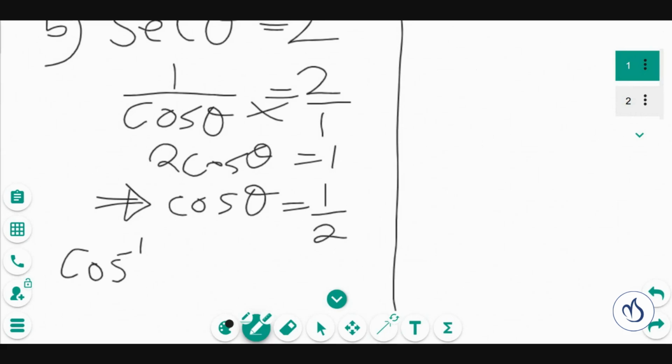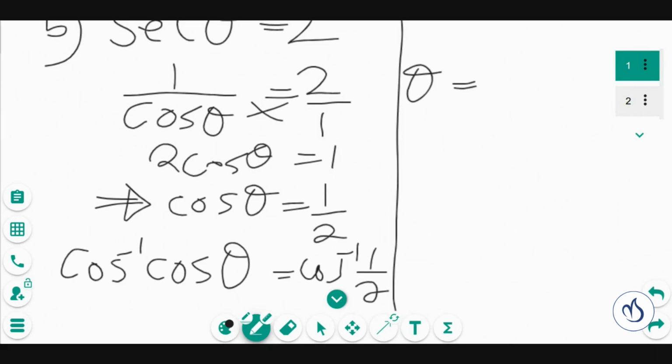So I have cos inverse on the side of cos theta, and here also I have cos inverse of a half. Here I'm taking cos inverse of a half because it is already positive. If it's negative, ignore the negative. Okay, you've understood. Now, cos of cos inverse, they marry when they meet. I remain with theta. Theta is the cos inverse of a half.